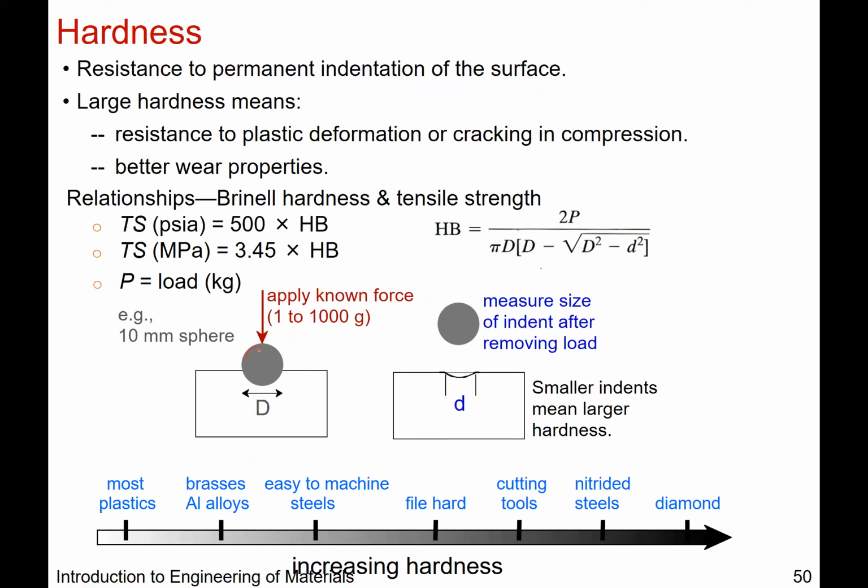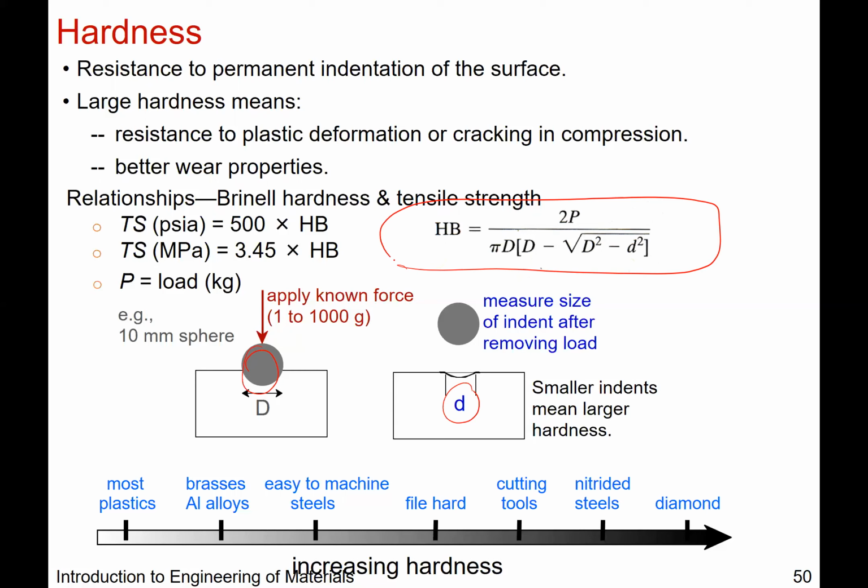The stainless steel ball has some diameter, capital D. If you assume a spherical model, you can also measure the diameter of the indentation, small d, and then you calculate based on that the Brinell hardness factor, and that's it.